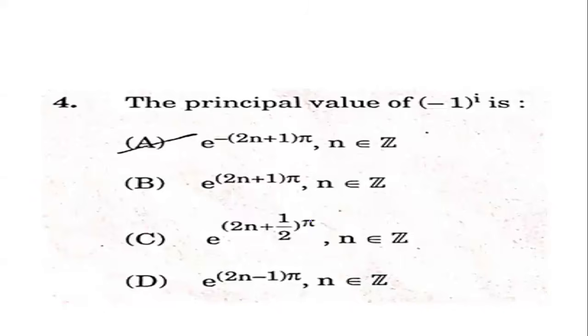See where it is in the options. This is minus 2nπ. Minus 2nπ plus 1 given. Minus 2nπ minus (2n plus 1) into π, n belongs to Z. This is the right answer.